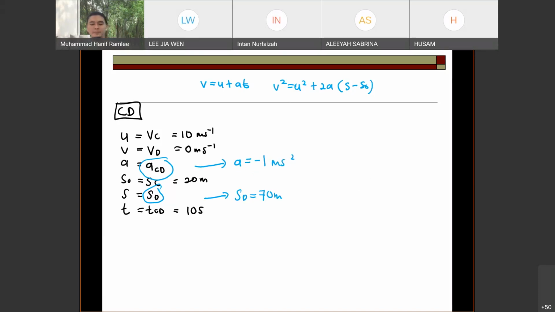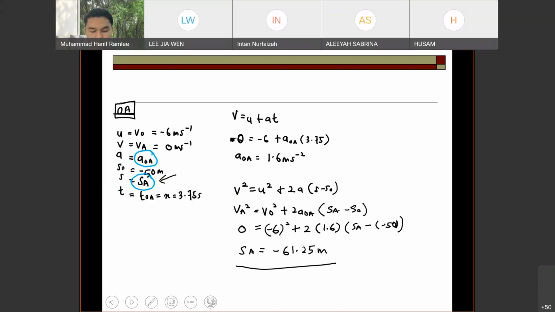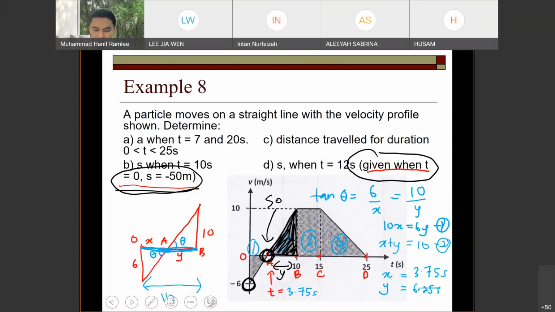Okay. So once you have this value of A and SD, you can use it to answer the question. This one is not answering the question yet. So we go back to the question. What is the thing that we should calculate actually? The first one for A, you have to find A when t equal to 7 and when t equal to 20.